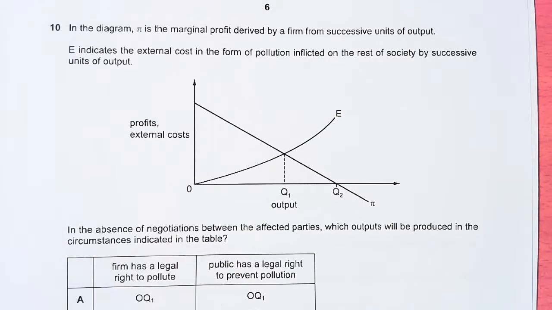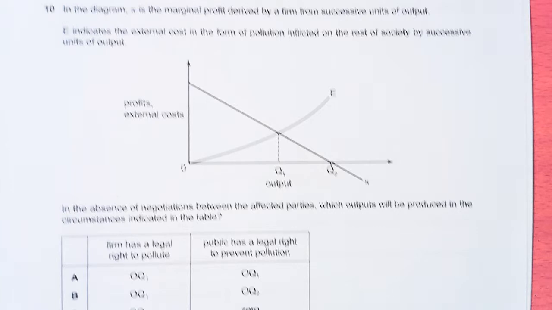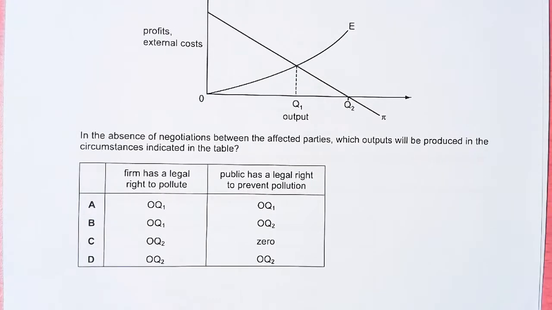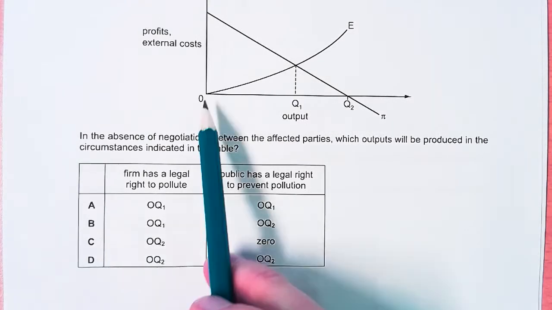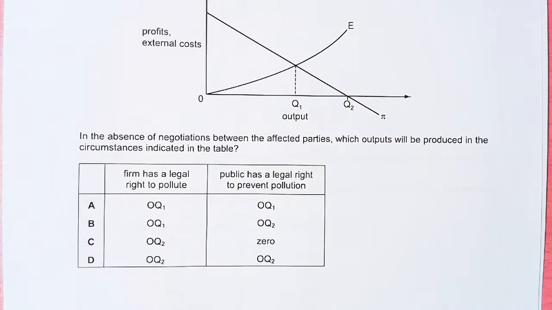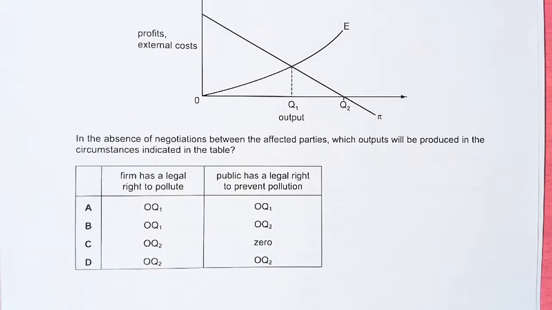So let's just move that up so you can see that. We're looking at 0. Okay, so public has a legal right to prevent pollution at 0. Okay, they don't have a legal right to prevent pollution as things stand. Okay, so the answer will be C.